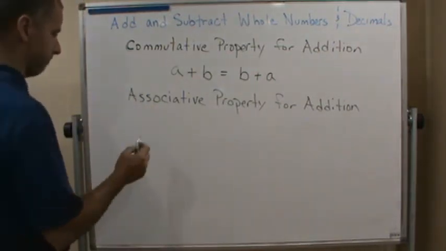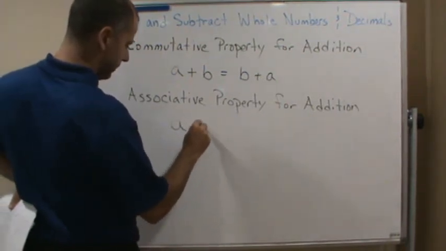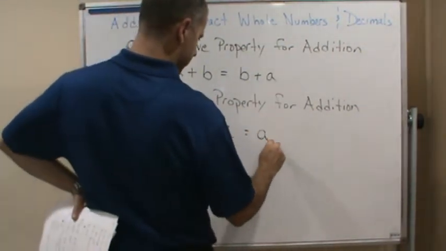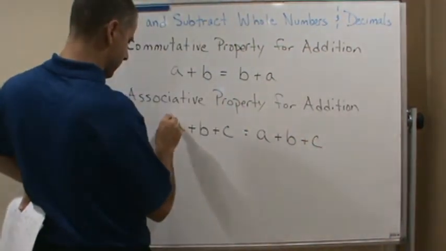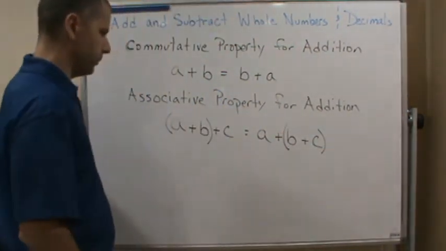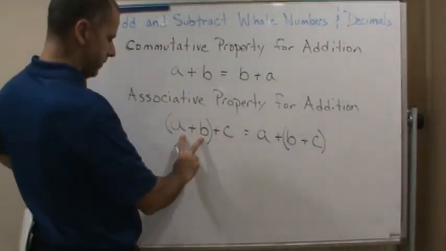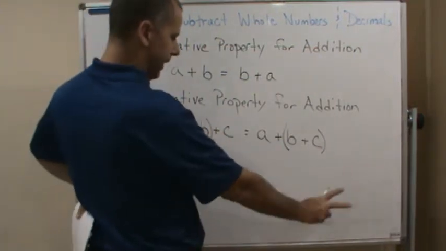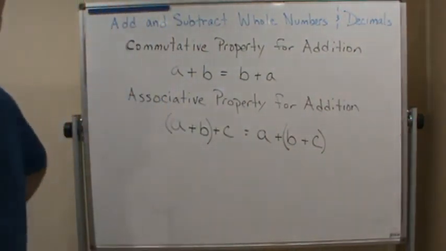Let me demonstrate. It doesn't matter if I add these two first and then add this sum to C, or if I add these other two first and add this sum to A, I'm always going to get the same answer.